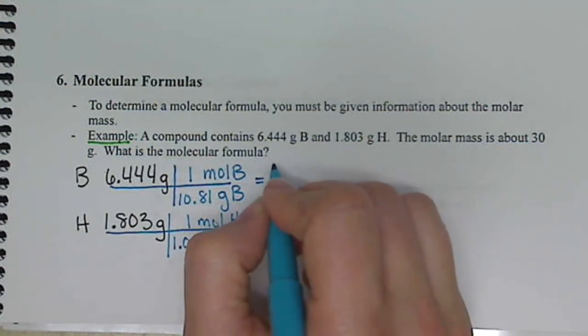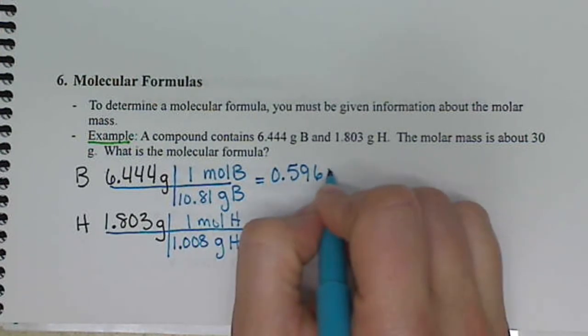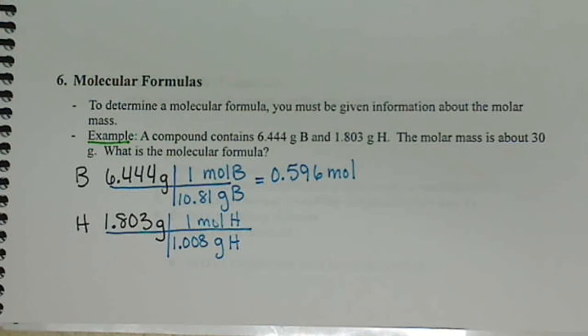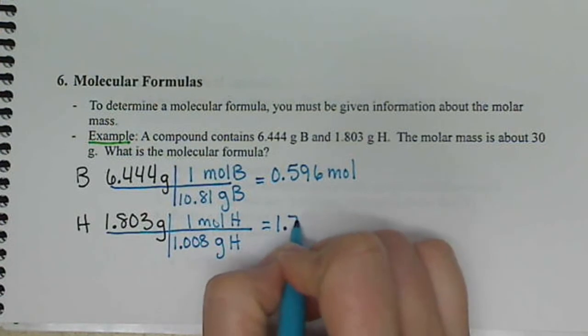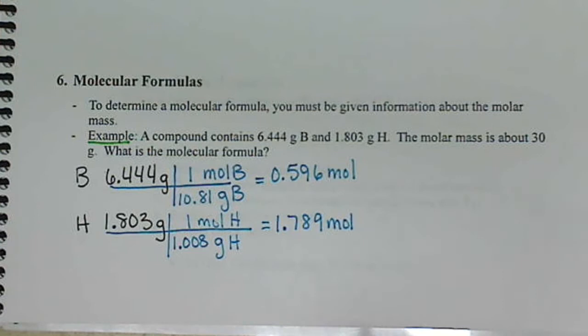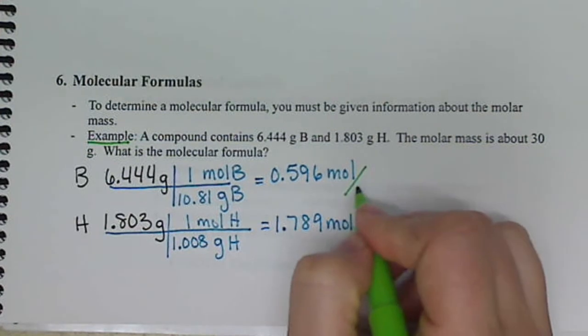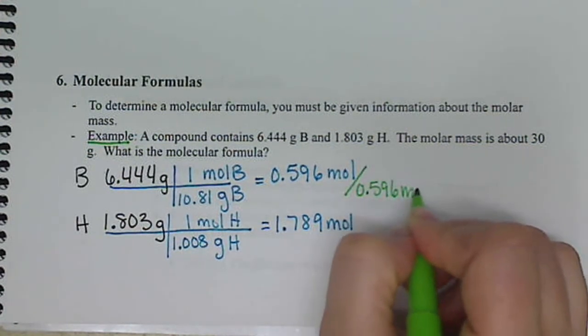So for our moles of boron, I get 0.596 moles. For our hydrogen, I get 1.789 moles. Now that we've got our moles, we want our mole ratio, so we're going to divide by the smallest number. That's our moles of boron.